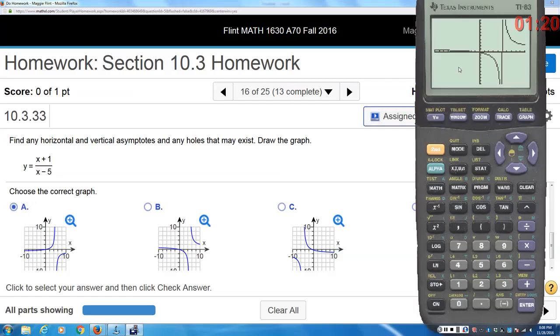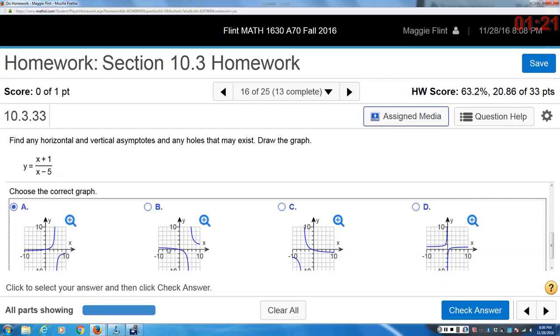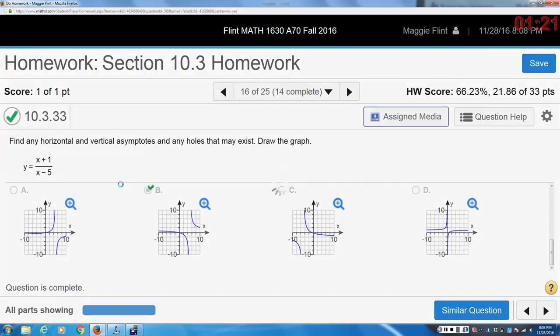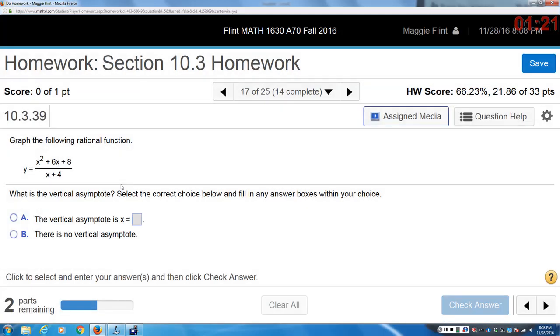No, it is not that one because we go down and then we come from upstairs. So no, it's not that one. It would be B, because it comes from back here and down, and then it comes from the top and then down. And neither one of them looks anything like it. So even if it tells you don't use your calculator, yeah, use your calculator and graph it if you want to.